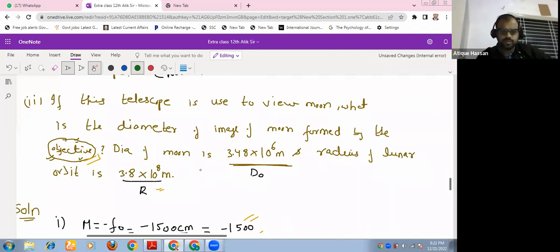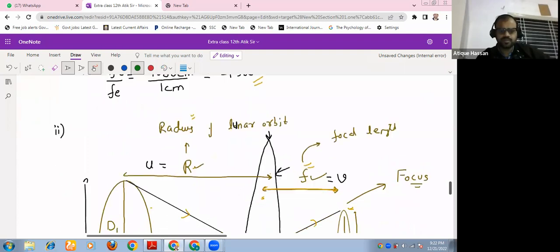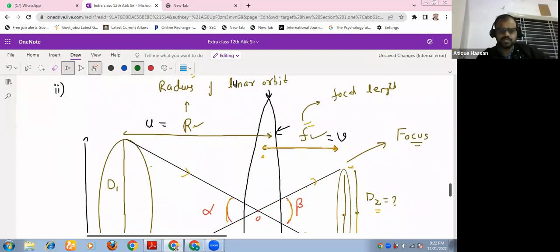Diameter of moon is given, radius of lunar orbit is given. So here you can use this formula.